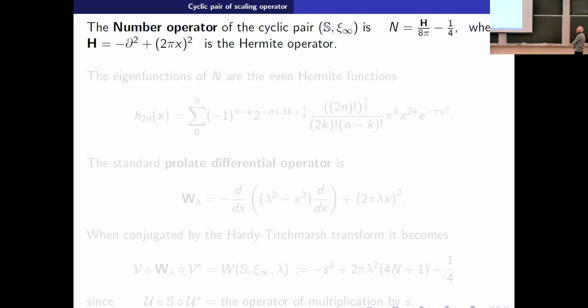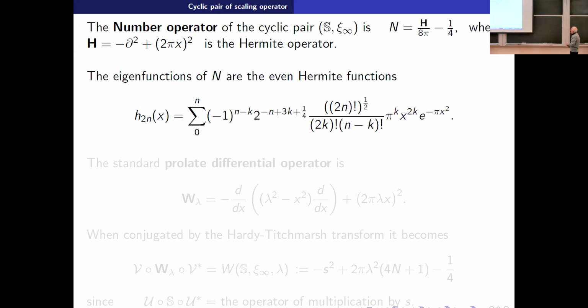The number operator of the cyclic pair happens to be the Hermite operator divided by 8 pi, minus 1/4. Hermite is the Hermite operator which I wrote over there, whose eigenfunctions are the even Hermite functions.